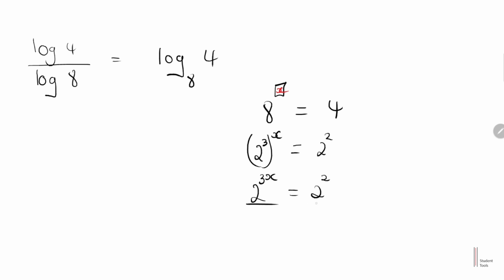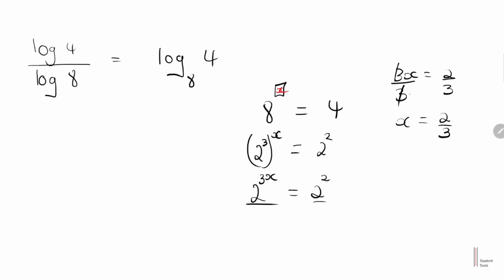So now we have the same bases. So that means we can now say 3x is equal to 2. That is from the exponents. So 3x is equal to 2. So to make x the subject, we have to divide by 3 both sides. So this 3 will cancel this 3 such that x will be equal to 2 over 3.